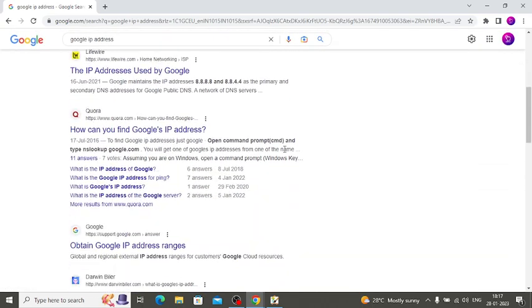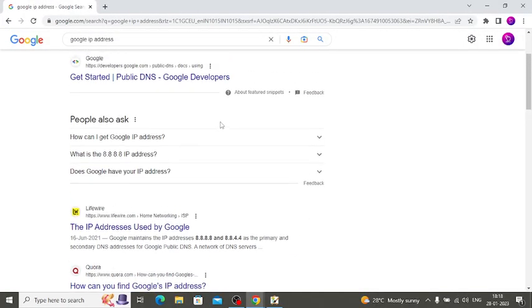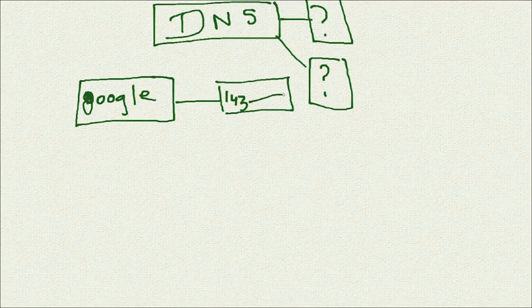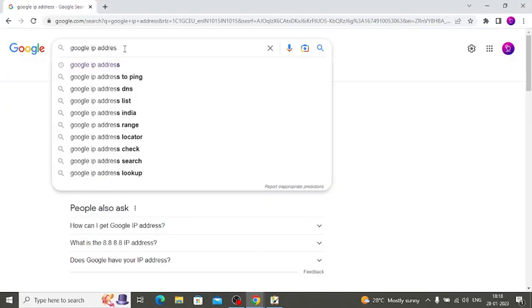This is the IP address of Google. Then what is the Amazon IP address? Every website has an IP address, so we will look at the Amazon IP address.